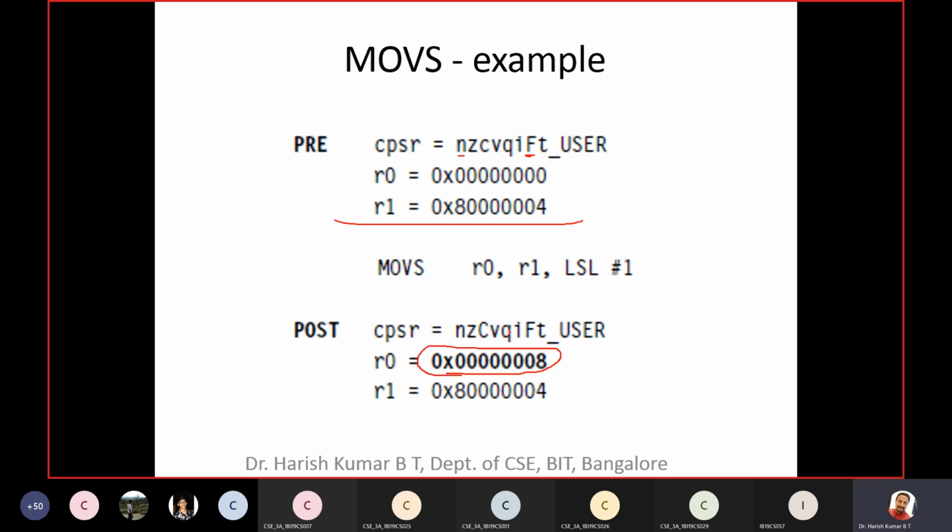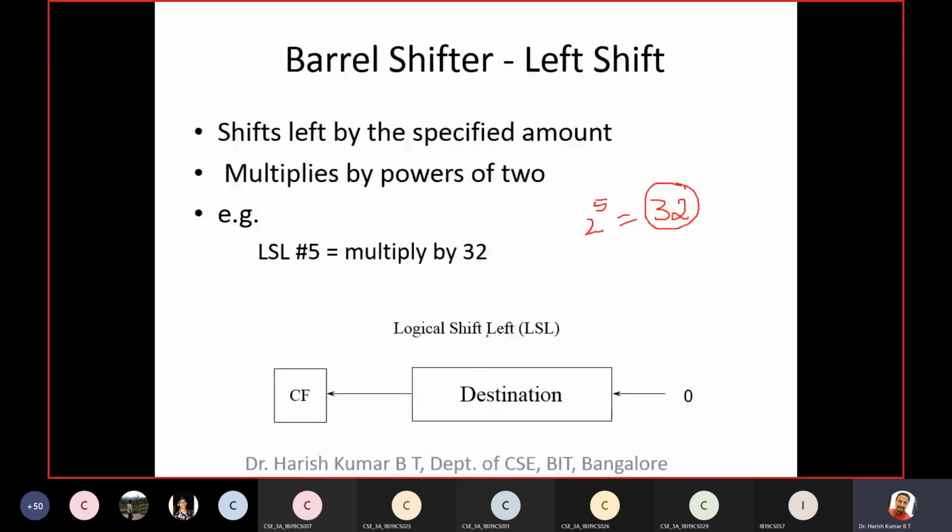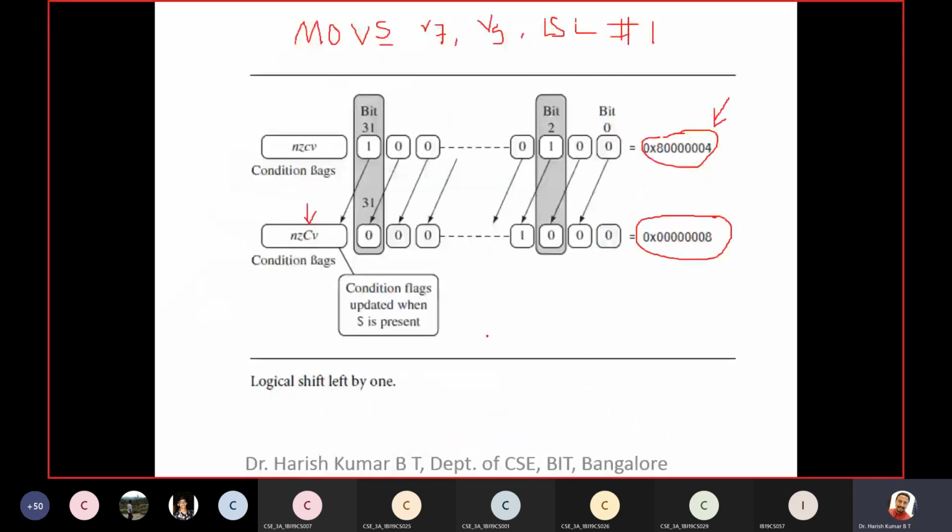And you have the carry flag shown as 1. Why? Because 8 is written as 1 0 0 0, the bit value at the 31st bit position is 1, and this is what gets into the carry flag. Since the carry flag is set right now, it is shown in uppercase, and this is the same as what we did here. Hope you understood.